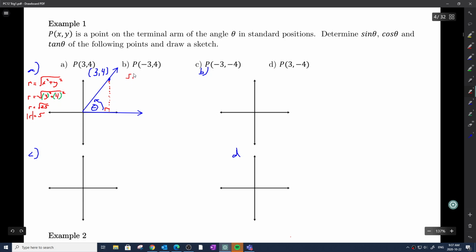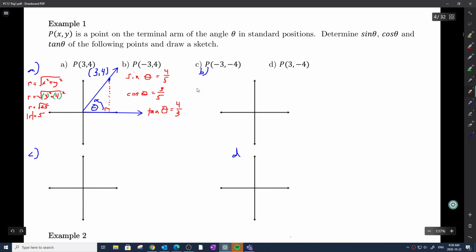So therefore, the sine of theta, and I don't know what theta is yet, but I do know that it's 4, the y coordinate, divided by my radius vector. Still going back to that definition. The cosine of theta, the x coordinate, is going to be 3 over 5. The tangent of theta is going to be the y coordinate divided by my x coordinate.